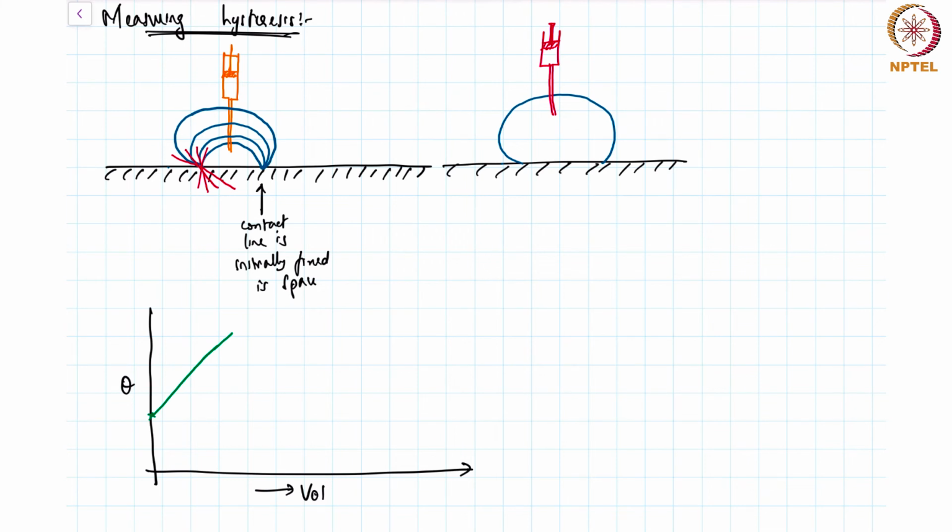And once you've reached this critical angle, the droplet will just keep spreading with the same angle. So in other words, these tangent lines that I'm going to try and draw, you should imagine that these tangent lines are basically parallel to each other. Okay. Now, once you have reached this, then the angle remains constant for a large amount of volume.